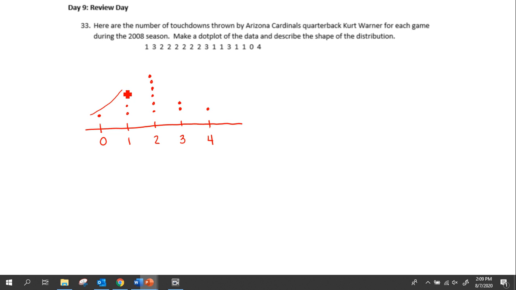Well, as you can see, it's roughly symmetric. And unimodal.